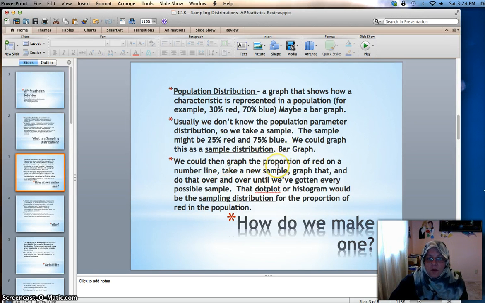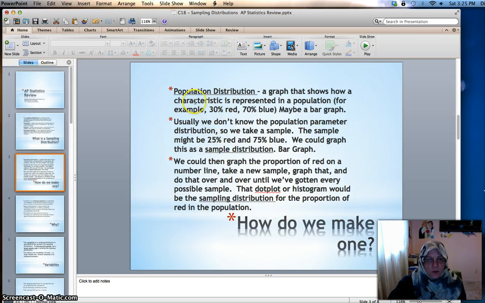We could then graph the proportion who liked red on a number line, if that's what we were really interested in, who has red as their favorite color. We could take a new sample, graph that, put the value we get, 32% red this time, 15% red next time, 18% red, 33% red, 28% red, and start building up a dot plot or maybe even a histogram. That would be the sampling distribution for the proportion of red in the population.